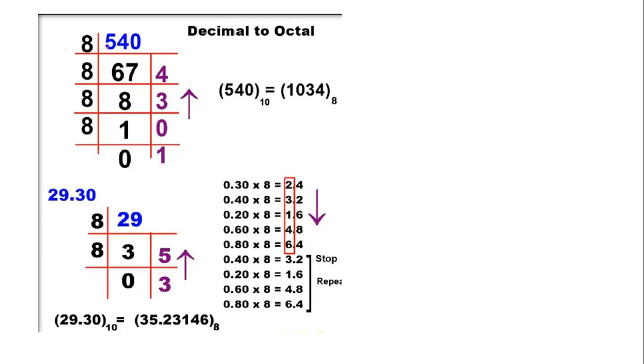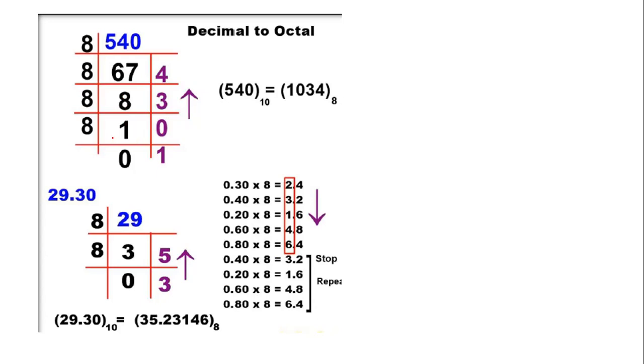When I divide, 540 goes 67 times, and the remainder I get is 4. Once again, if I divide 67, 8 8s are 64, so the remainder will be 3. Then since 8 is there, I can divide further. 8 ones are 8, so 1 with remainder 0.